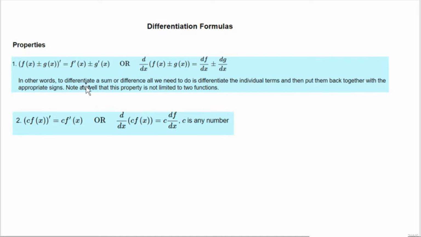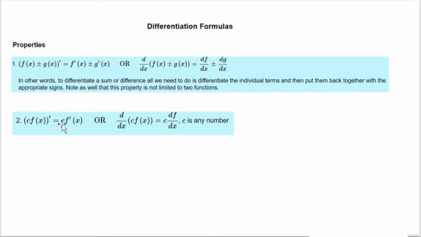And property number two, we have the derivative of c times f of x is equal to c times the derivative of f, which is f prime of x. So c there is a constant. To take the derivative of that, we will just multiply the constant multiplier and then take the derivative of the function of x.